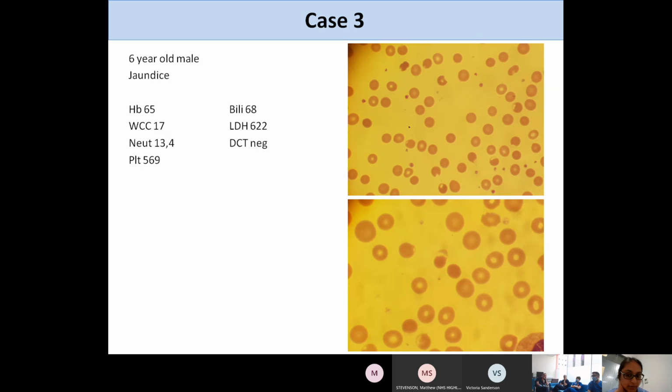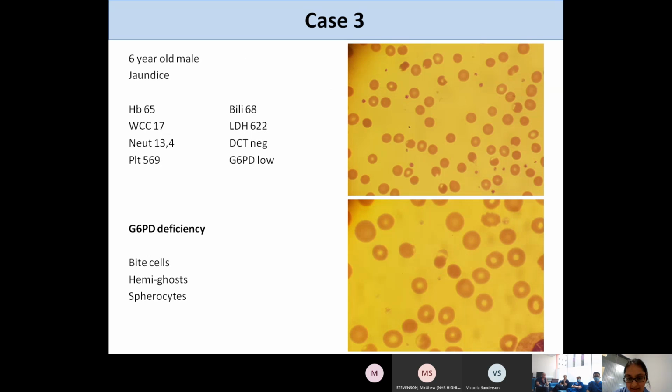He had a raised bilirubin, so he had a hemolytic process. His LDH was raised at 622, and he was DCT negative, so not an immune-mediated hemolysis. And it turned out that he had low G6PD. So the diagnosis in this boy was G6PD deficiency with an intercurrent illness.